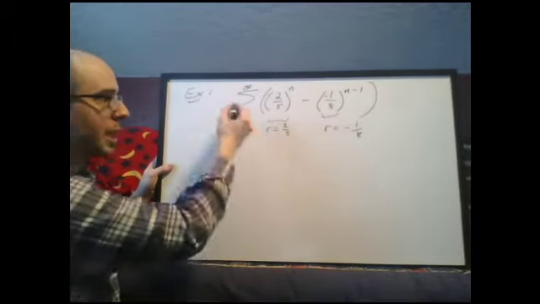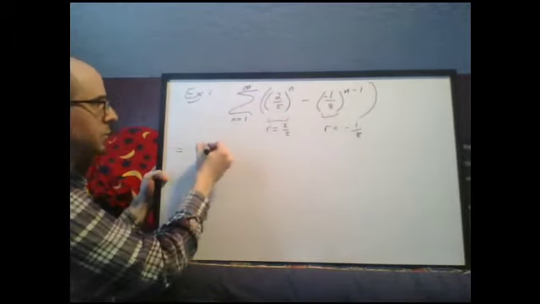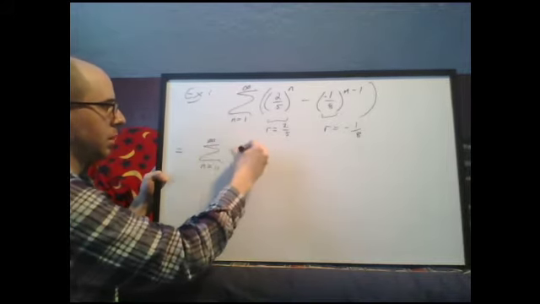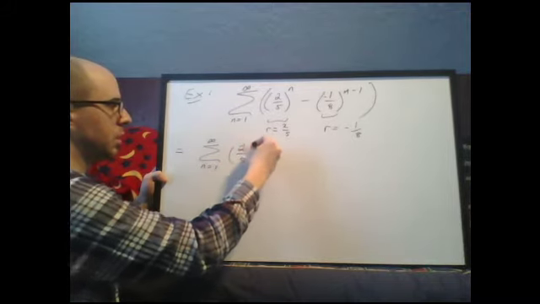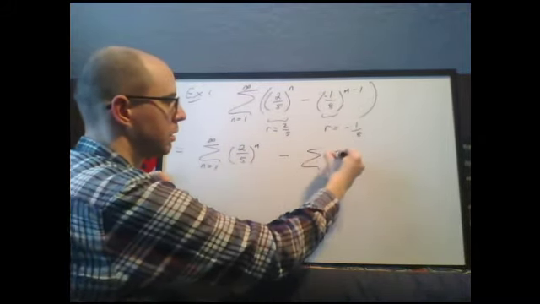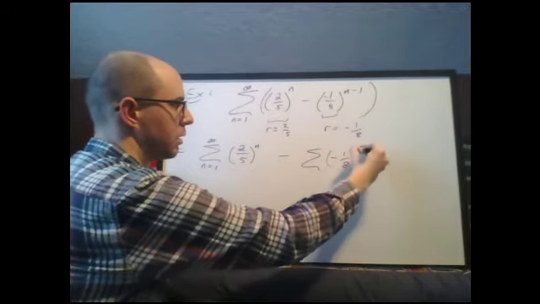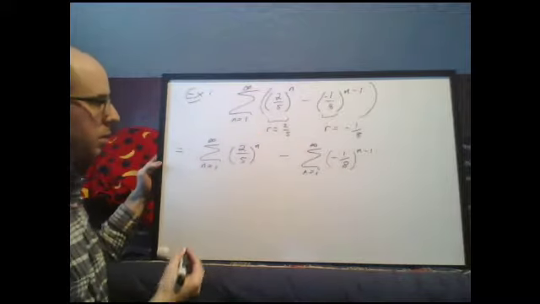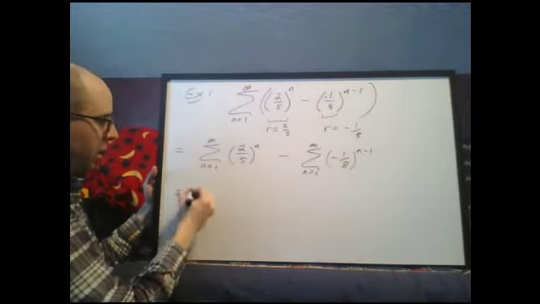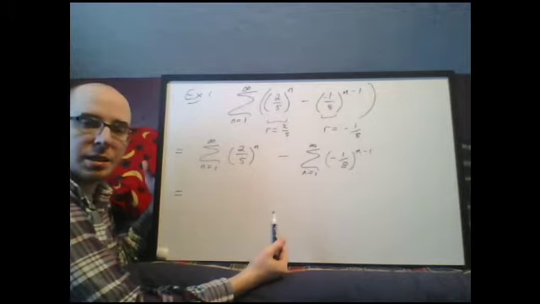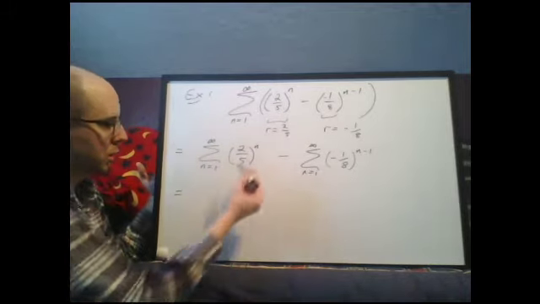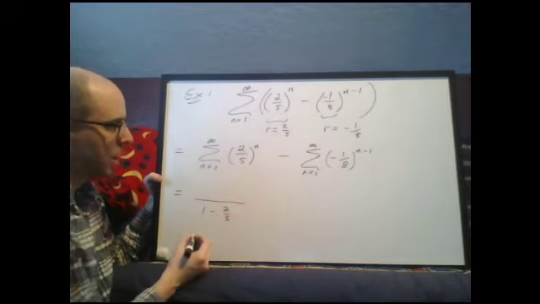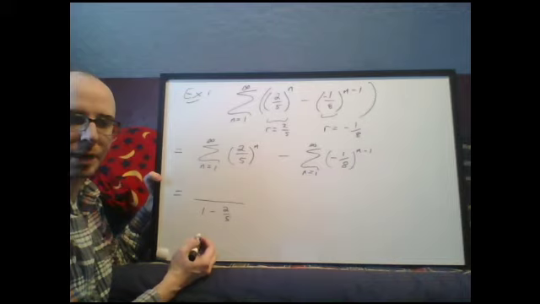So if I want to find the answer to this combination, I can split this up as two separate series with the same starting point. n equals 1 is our starting value. And I know how to find the answer to each of these individually because I have my formula. In this first one, r is 2/5, so I'd have 1 minus 2/5 on the bottom, and on the top I'd have my initial term.